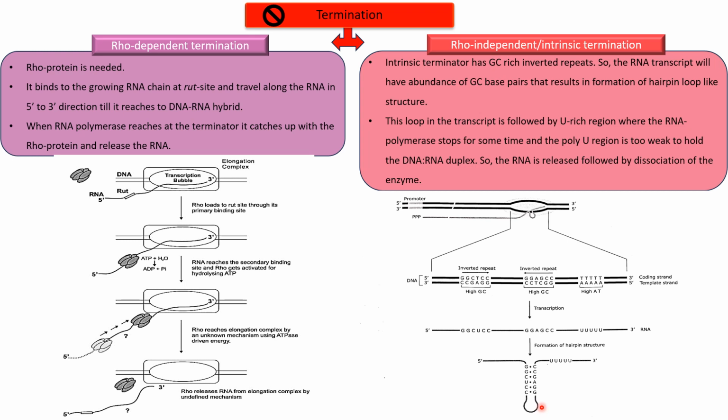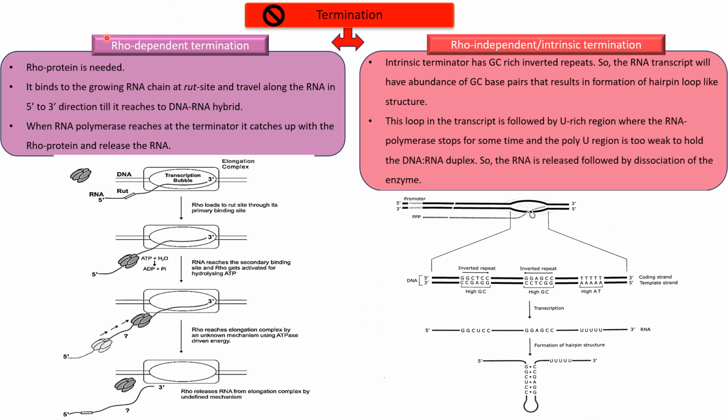This hairpin loop-like structure is followed by a uracil-rich region, and this poly-U sequence causes the RNA polymerase to pause for some time. Besides that, the AU base pair here is too weak to hold the DNA-RNA hybrid together, and so the RNA chain is released, followed by the dissociation of the RNA polymerase enzyme, and this way the transcription terminates.